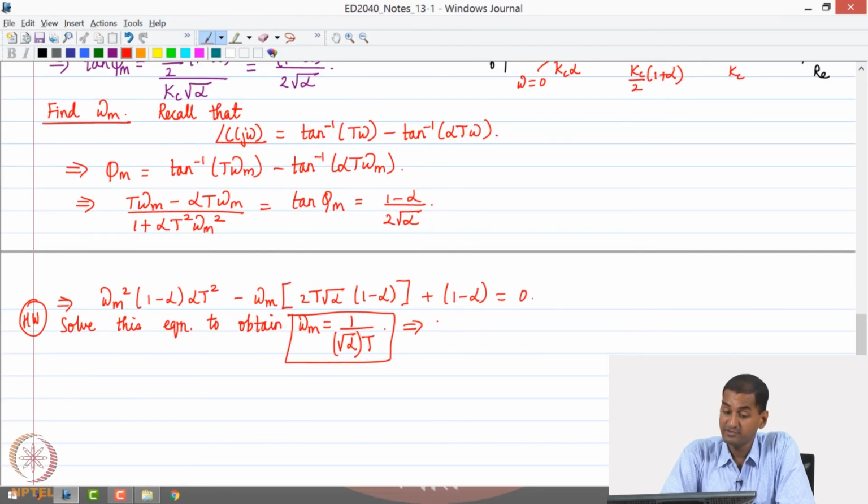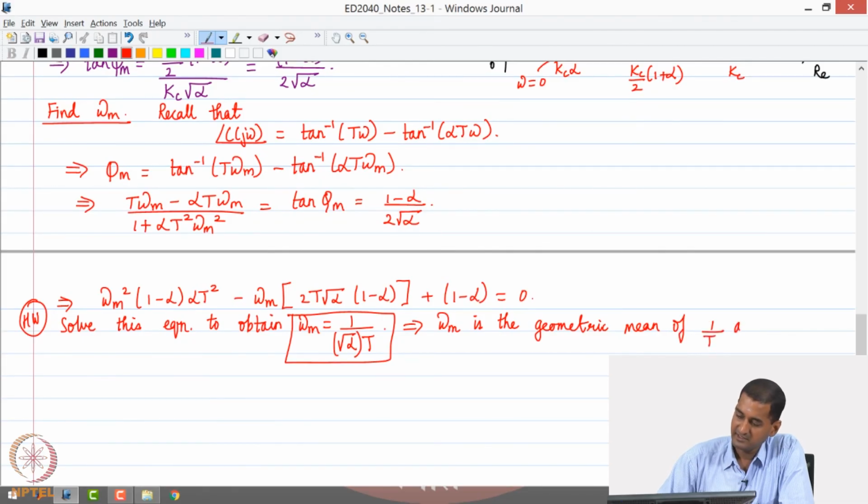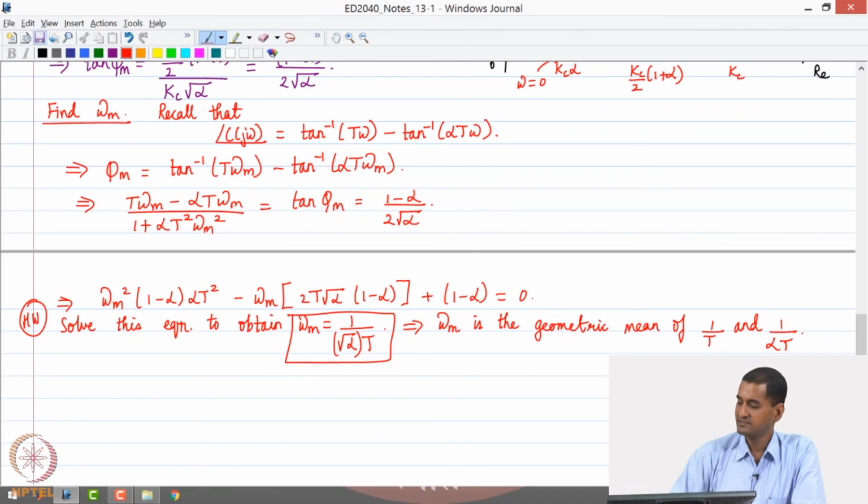Now, if you recall, the two corner frequencies were 1 by t and 1 by alpha t. So, we can immediately observe that omega m is the geometric mean of 1 by t and 1 divided by alpha t. That is something which we can immediately find out from this expression.